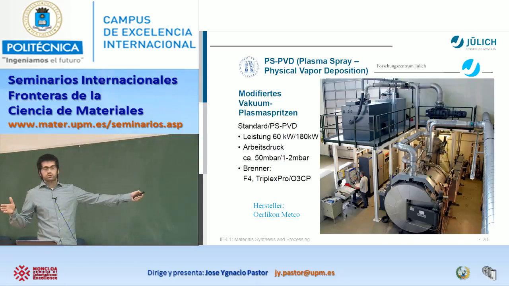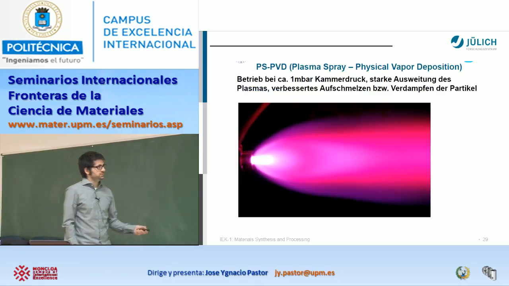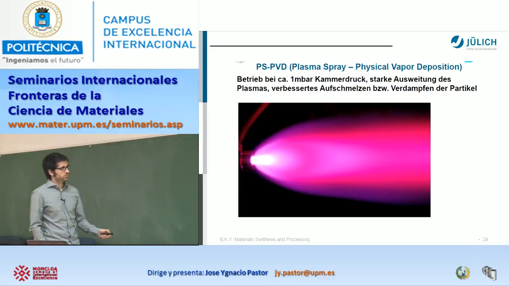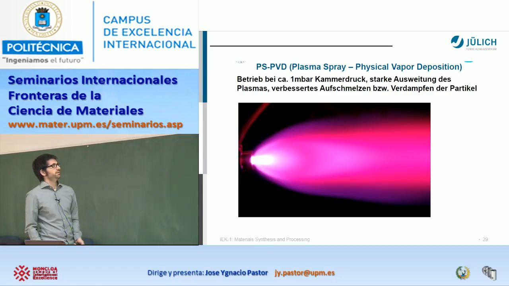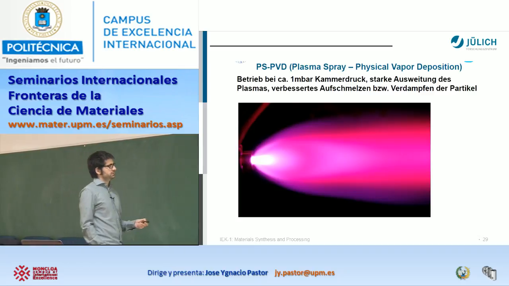Here is a really long flame distance. Here is the picture, and here is where the plasma is formed. As you see, even the specimen is here. It's really large, and that technique is quite interesting.